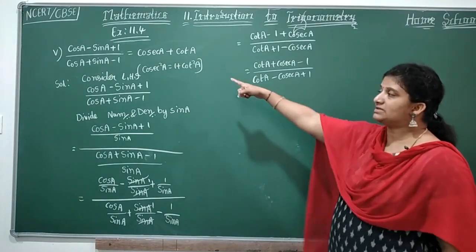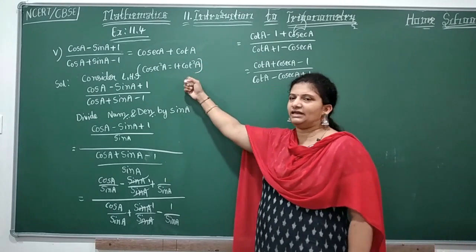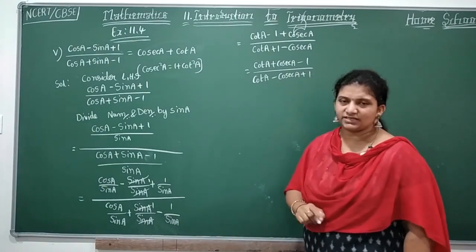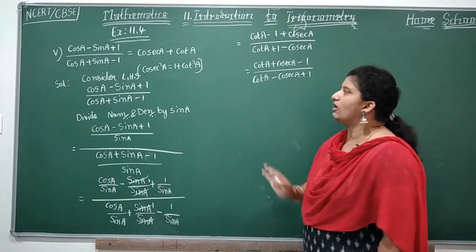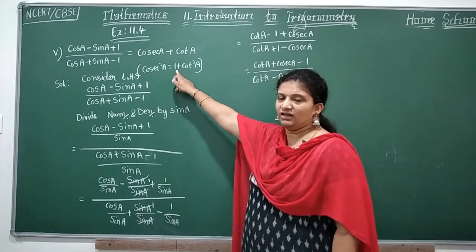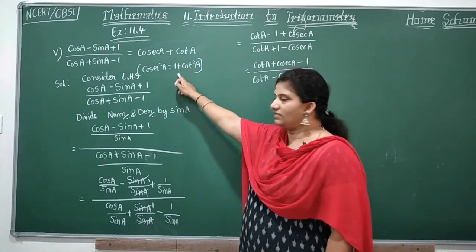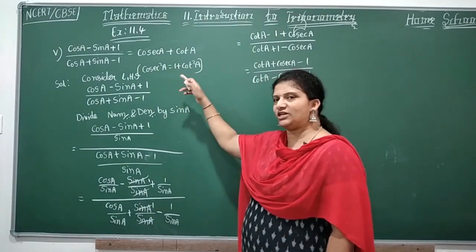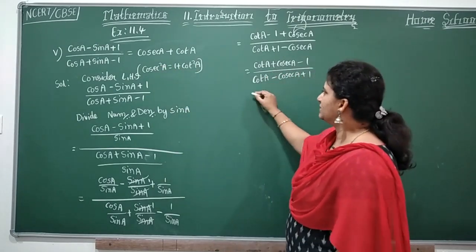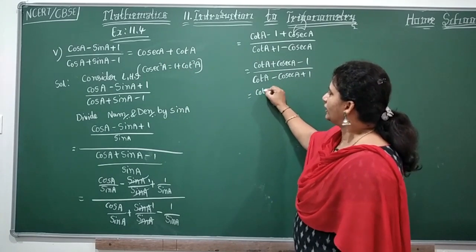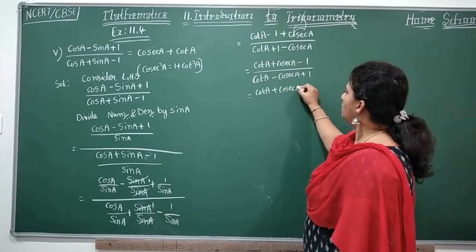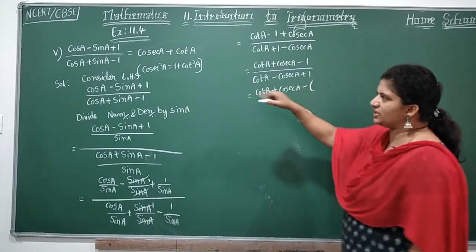They asked us to use this identity. So where we need to use, we don't have any cosecant square A, we don't have any cot square A. So what do we have? We have 1. So instead of that, you change the identity. Send this cot square this side. What happens here? Cot A plus cosecant A minus, look here carefully, children.